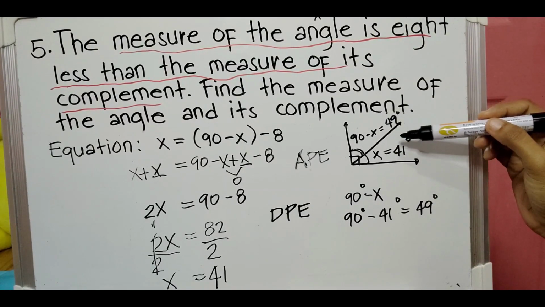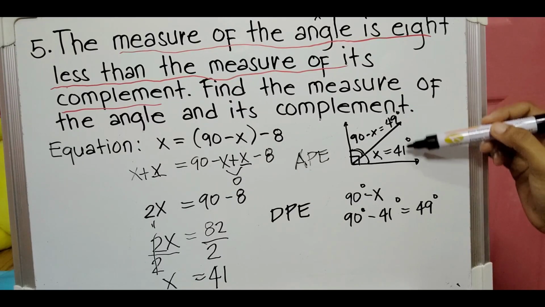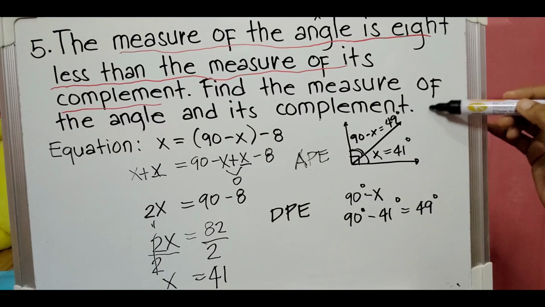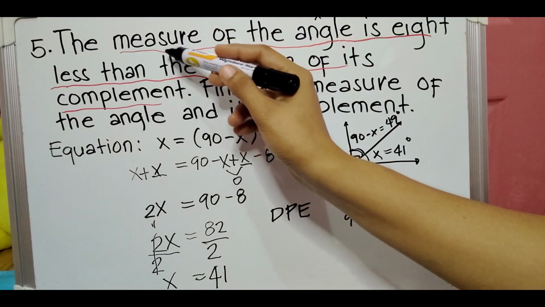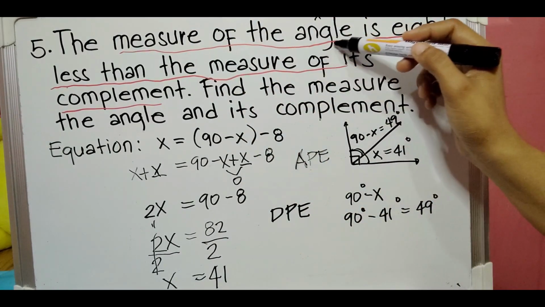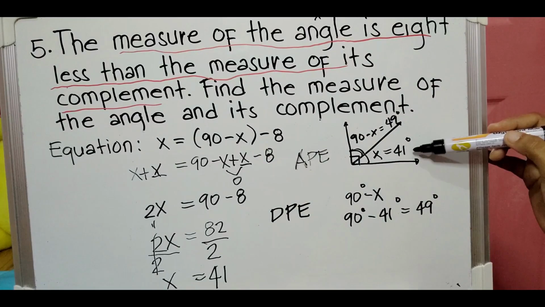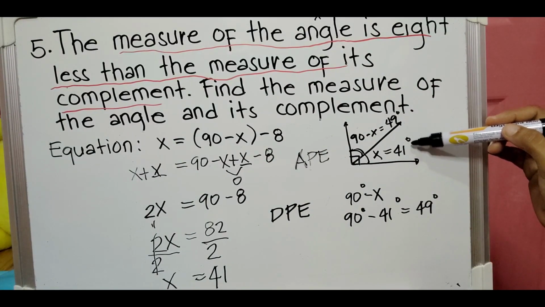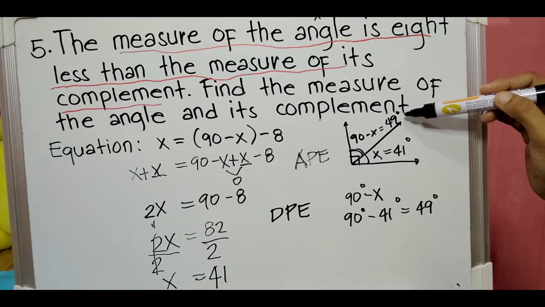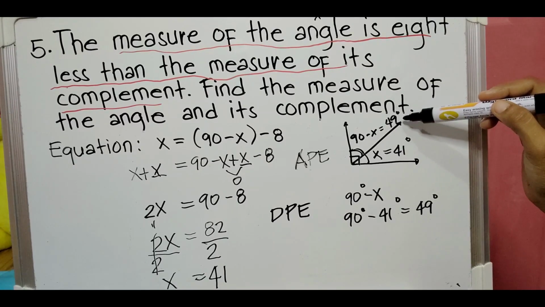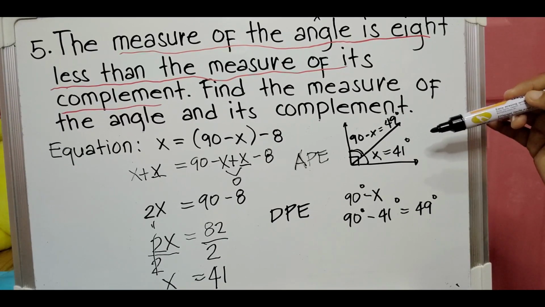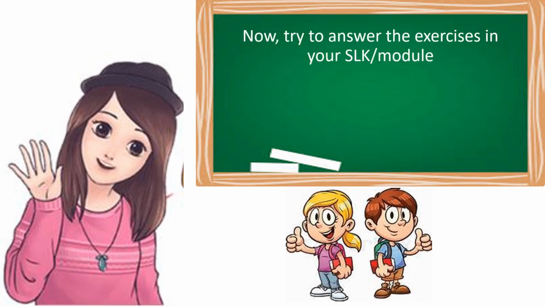If you check, 49 plus 41 is equal to 90 degrees. And if we check the statement, that the angle represented by x is 8 less than the measure of its complement, this angle, which is 41 degrees, is 8 less than this angle, which is 49, which is true.